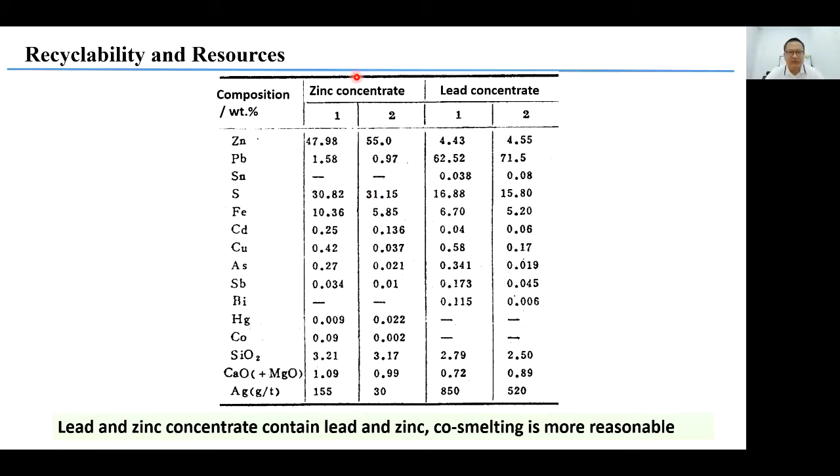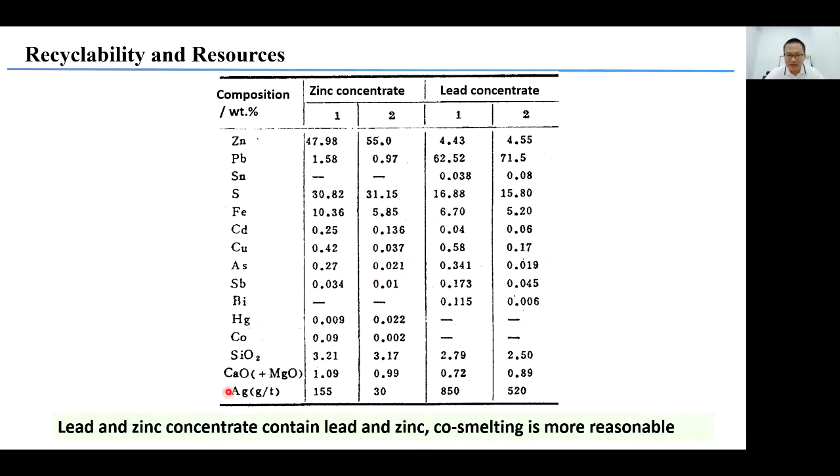So this is a zinc concentrate, but it is also a copper ore which can be economically processed. So copper, and we also have silver. You can find more than 100 grams per ton of silver available in this concentrate. So a lot of silver can be produced in the zinc and lead processes.